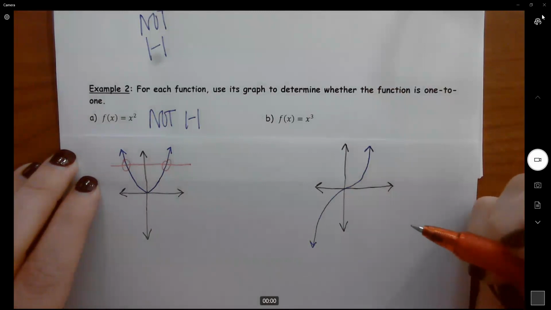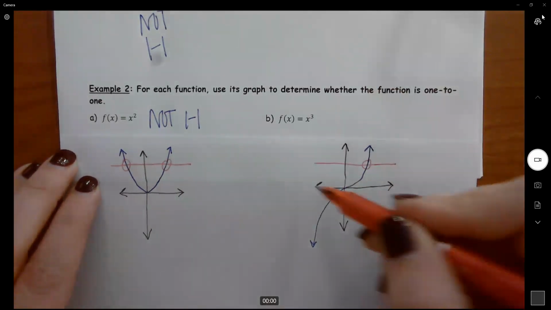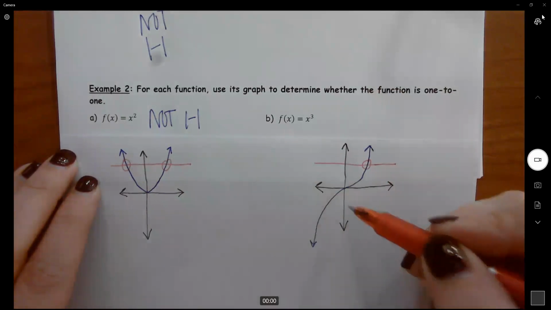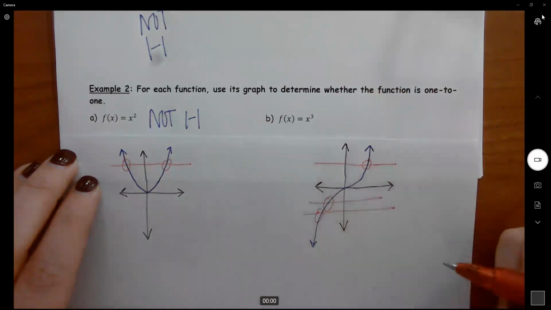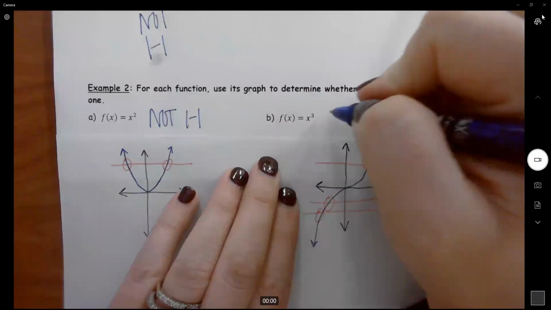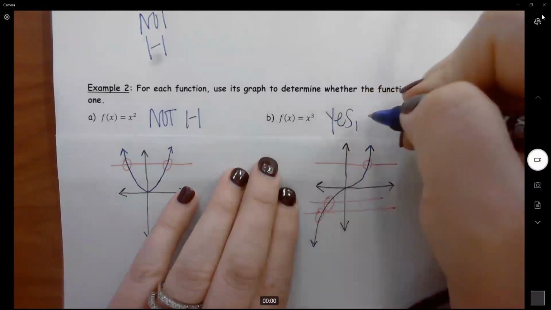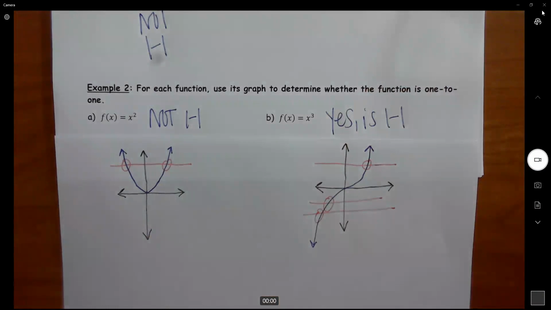Does it pass a horizontal line test? Well, there's not a single spot where I can make a horizontal line touch this graph twice. So this one is one-to-one. So that is how you determine whether a function is one-to-one based on data points or the graph.